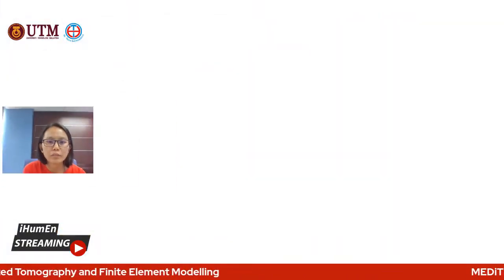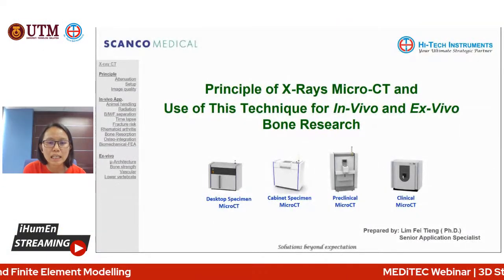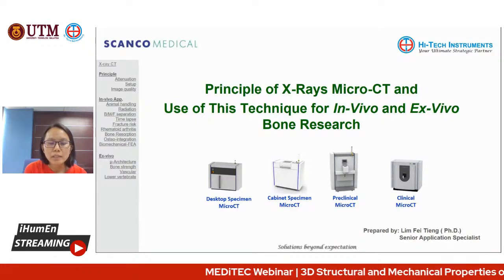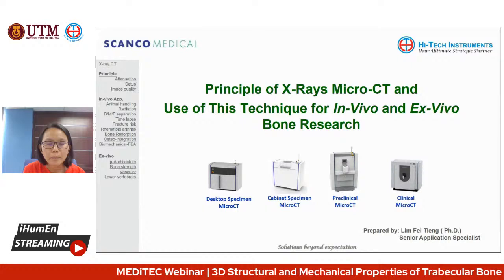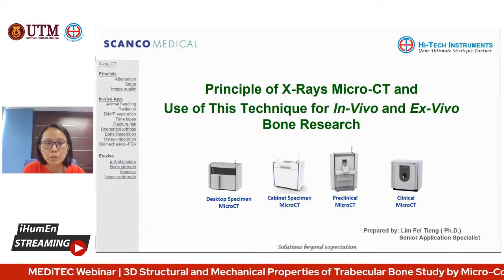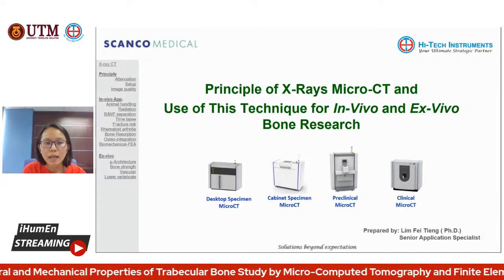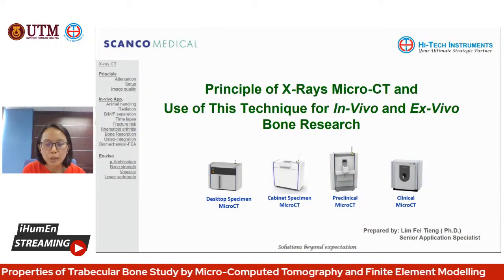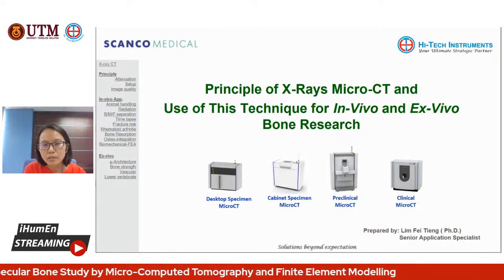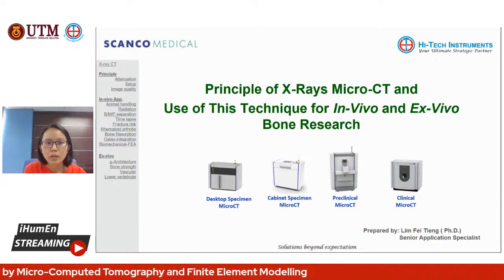So today I would like to share about the principles and also what we can use of this X-ray MicroCT in vivo and ex vivo bone research. I will start my talk by introducing the principles of how this X-ray MicroCT works, and then I will go into factors that we need to consider to obtain good image quality.